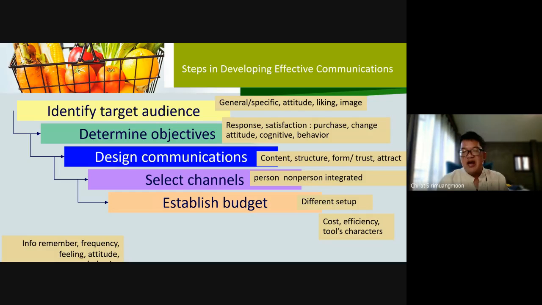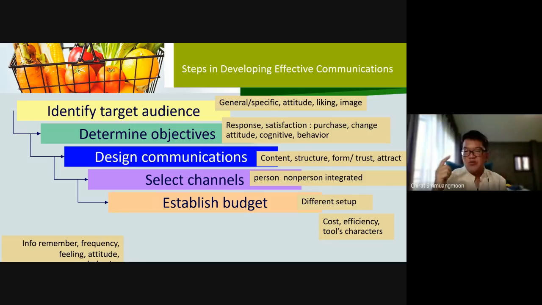Then, after you select the channels, you need to be concerned about the money, the budget that you need to focus on, because different setups have different budgets. If you want to concern just a small group of people, which are the real consumers, you can save your money. But if you want to communicate with the entire country, you should pay a lot for it.